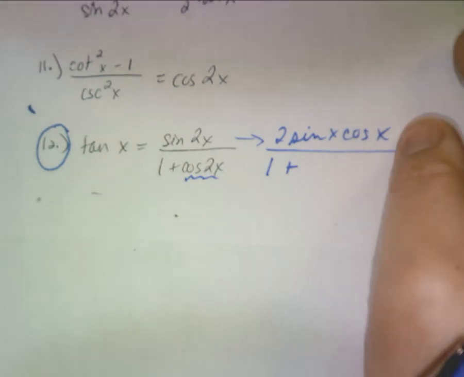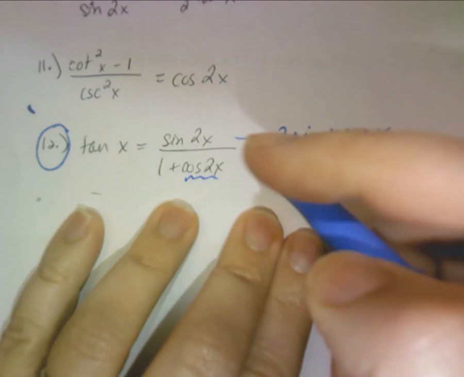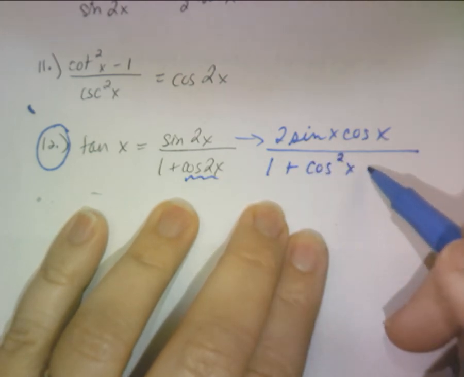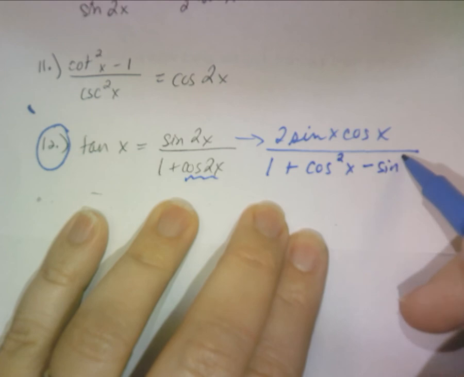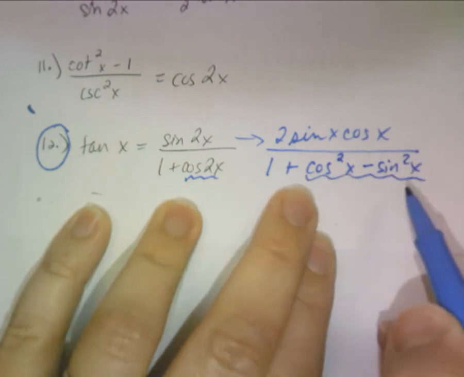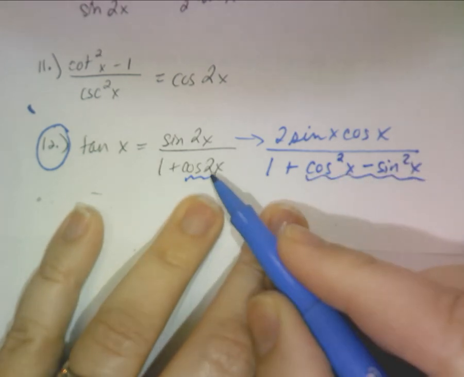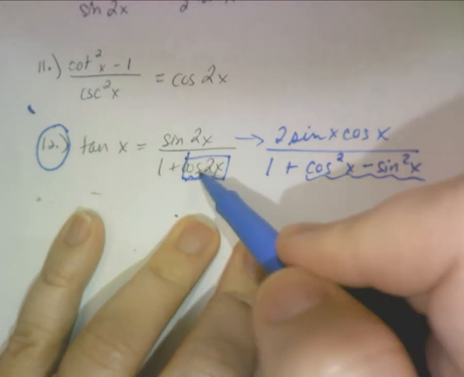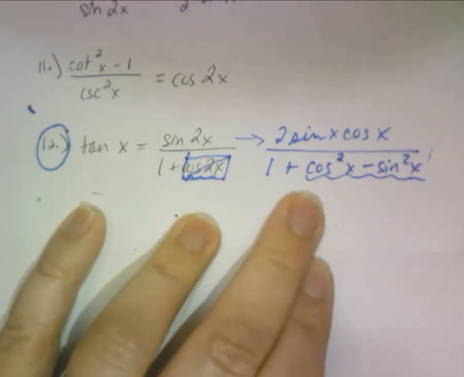Which one do I choose? It doesn't matter. You should get the same answer no matter what. I'm going to choose the top one just because I always go with that one. So cosine 2x is equivalent to cosine squared x minus sine squared x. I've just replaced this with that.